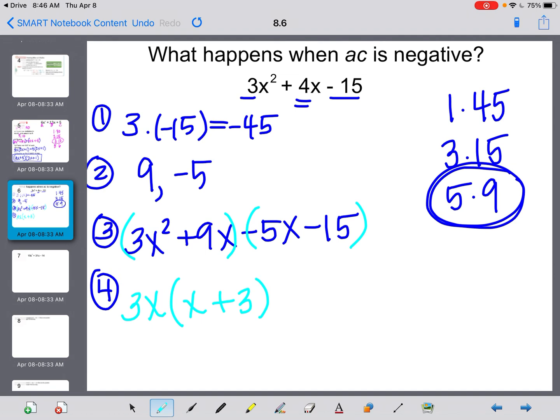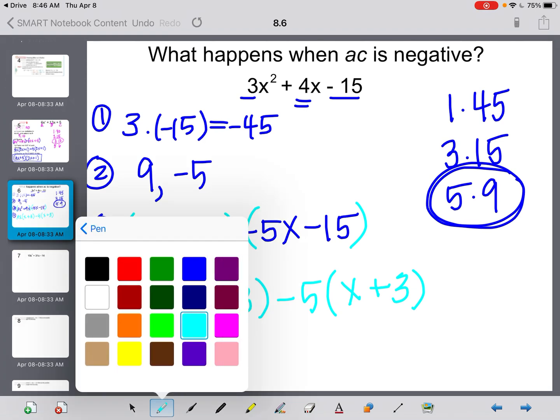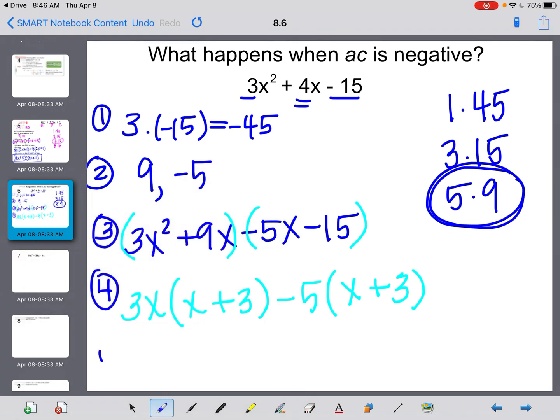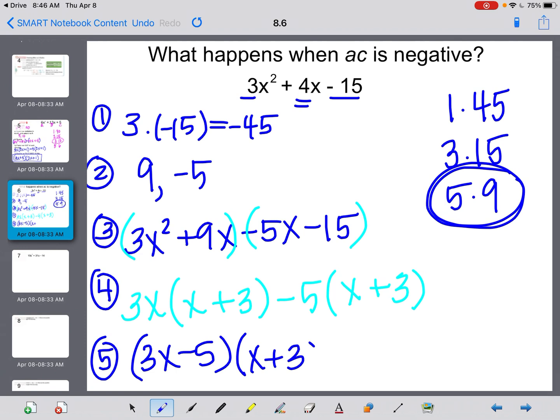And then negative 5x minus 15, I can take out a negative 5, which leaves me with x plus 3. Therefore, my final answer is going to be the 3x minus 5 that got factored out of each, and then x plus 3.